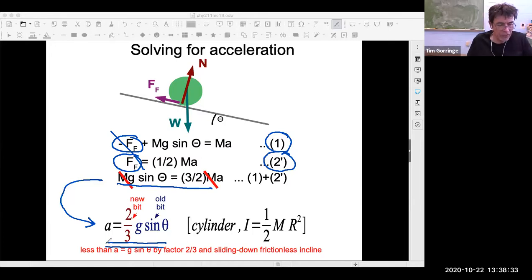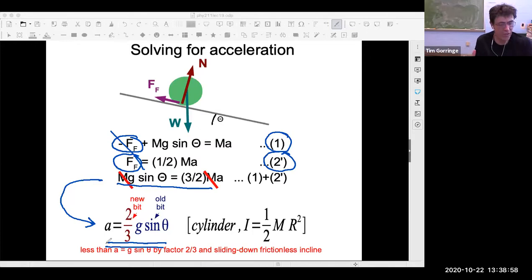And it's very interesting to compare that result with what you would get if an object slid down an incline. If an object slides down the incline, you might remember this from all our work on Galileo's falling bodies. You get an acceleration that's g sine theta. It's a diluted version of the acceleration of gravity that depends on the angle of the incline.